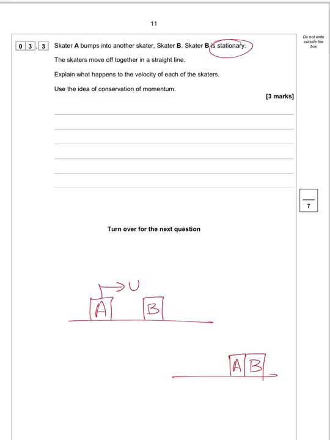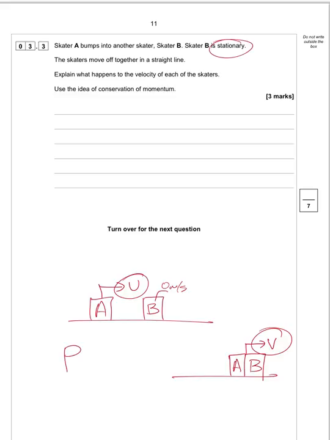So A and B move off together with a second velocity. Now, logic would tell you that if B is stationary and has a velocity of 0 meters per second, then if they combine and move off, that V is going to be slower than u. Okay, and the physics will tell you why.